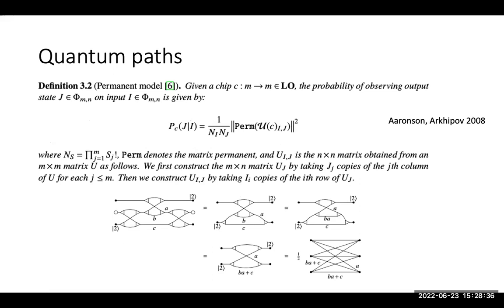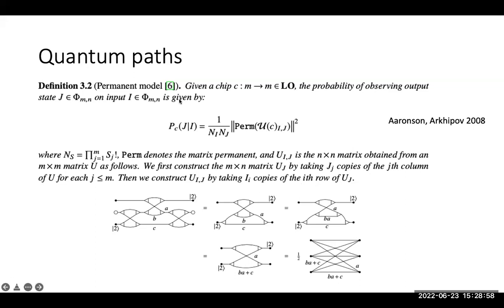I've left it until here to show the way that Aaronson and Arkhipov defined the model of linear optics, because it becomes simple then to see how the QPath calculus is really just mimicking the same process as described by Aaronson and Arkhipov.